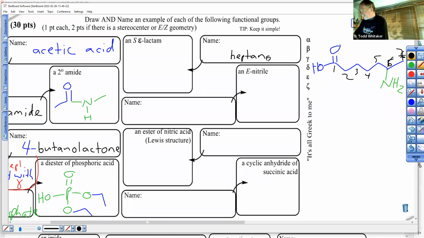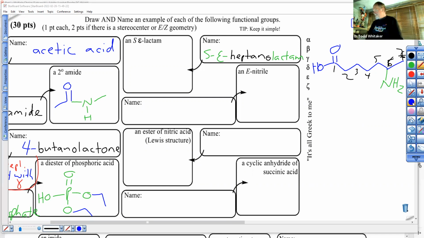Heptanoic acid became heptanolactam. And it's going to be S. Some of the naming was done for you, by the way. S epsilon heptanolactam. And all you have to do is make this ring.